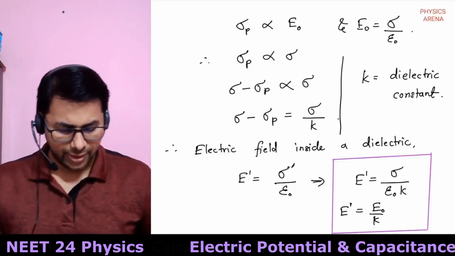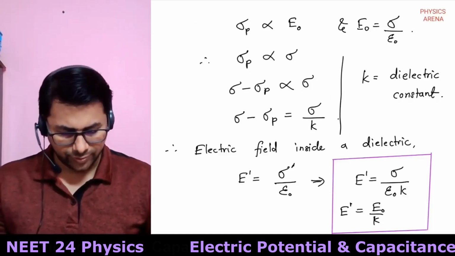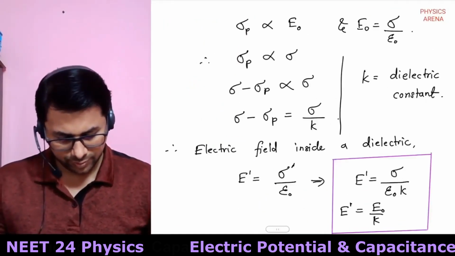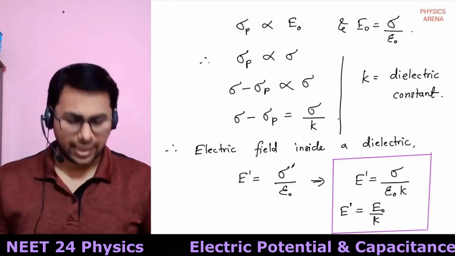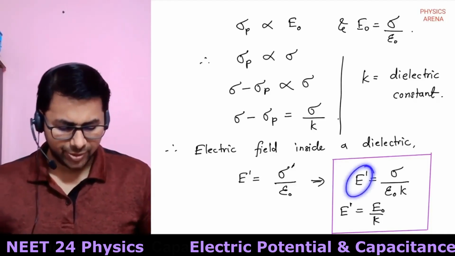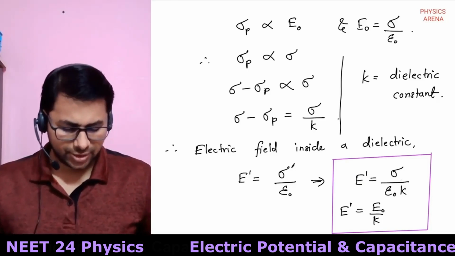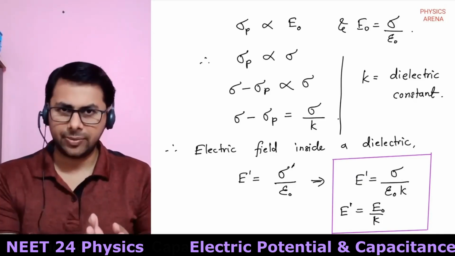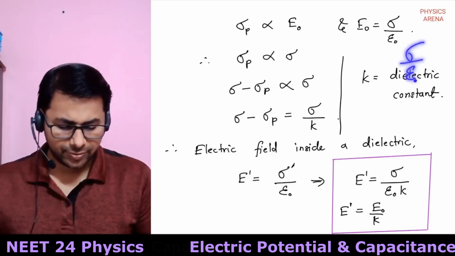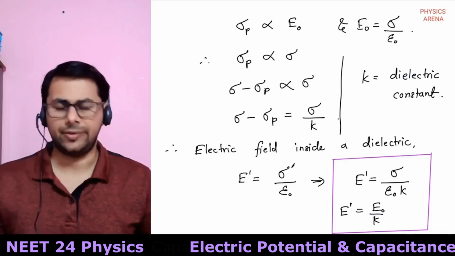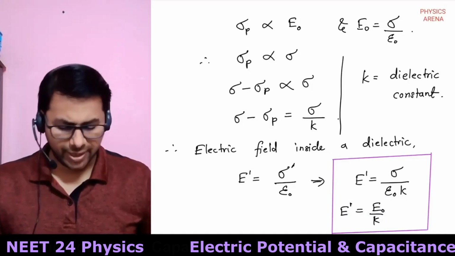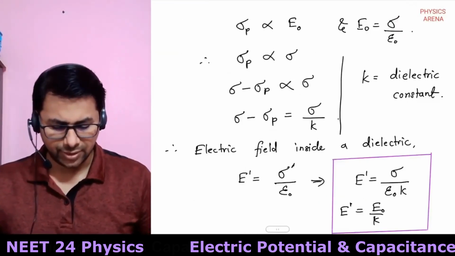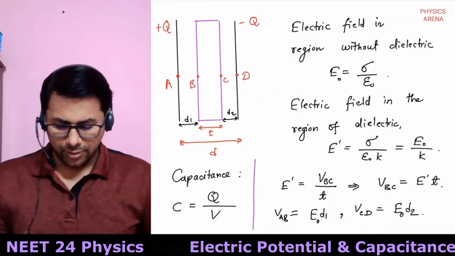Suppose you insert a dielectric, what happens to the electric field? The electric field just becomes the original electric field, sigma upon epsilon naught, divided by k. So E dash is just equal to sigma upon epsilon naught k. This derivation etc. we don't need to remember.